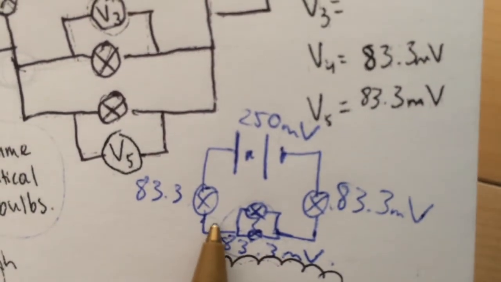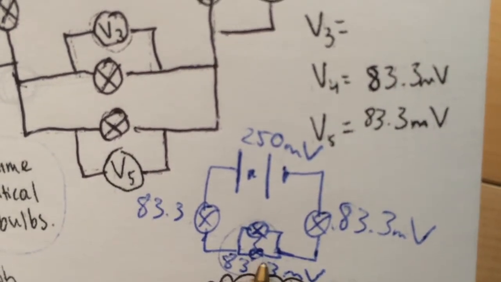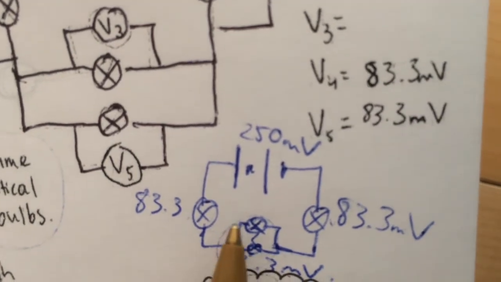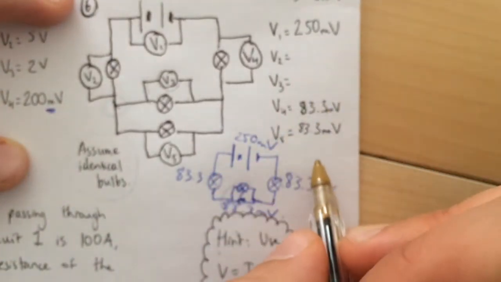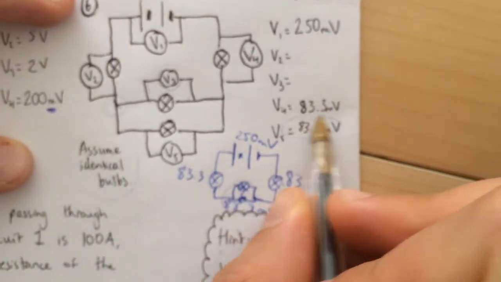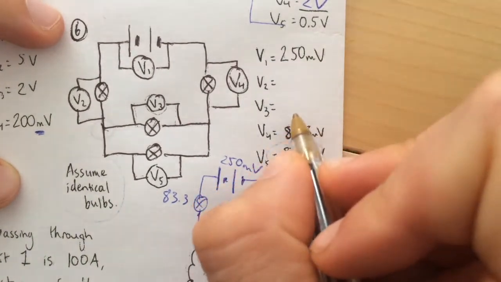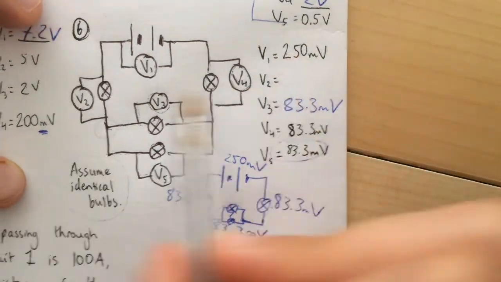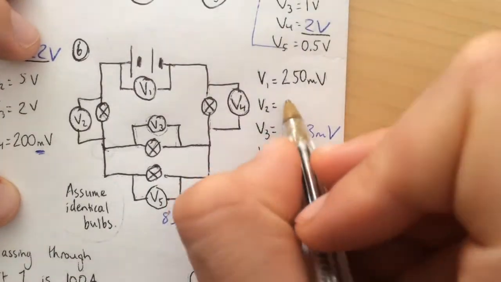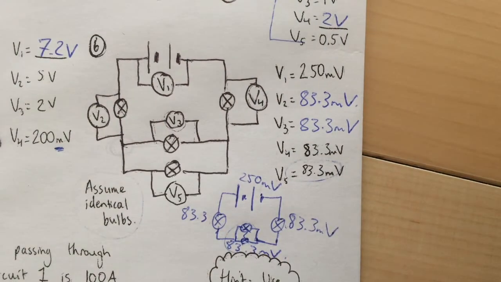So if there is a total of 83.3 millivolts across each section, it means there must be 83.3 millivolts on this branch and 83.3 millivolts on that branch. So both V3 and V5, this one's actually given to us already. We don't need that information though. V3 must therefore be 83.3 millivolts, and V2, as we saw over here, is also 83.3 millivolts. This one was really quite tricky, so if you've understood that, then you're doing really well.